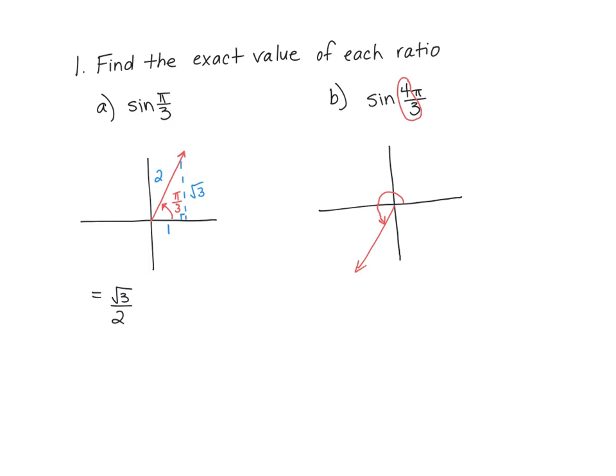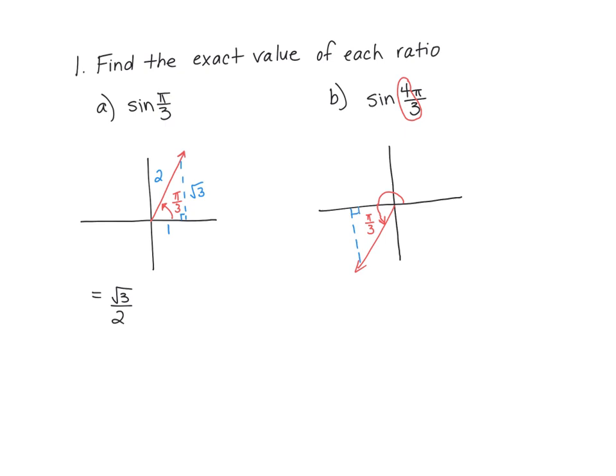What's also nice about radians is it tells me right away what my related acute angle is. I know I rotated another pi by 3 past pi, so my related acute angle is pi by 3. I can use my knowledge of special triangles to draw my triangle for me.